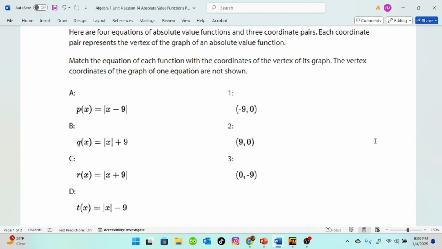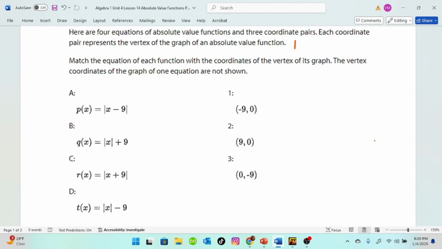So what I want you to notice here is that we have vertexes of negative 9, 0, 9, 0, and 0, negative 9. If you were to take the x and plug it in, you would get the y.